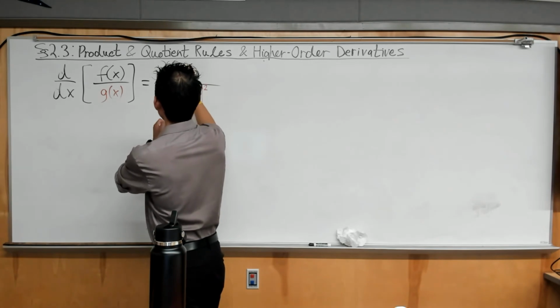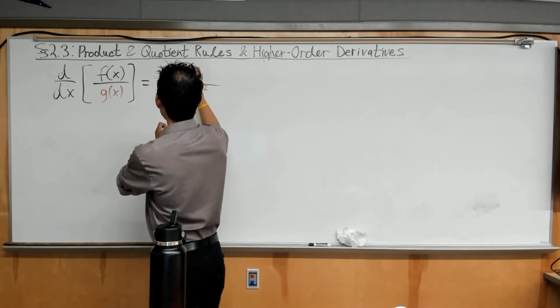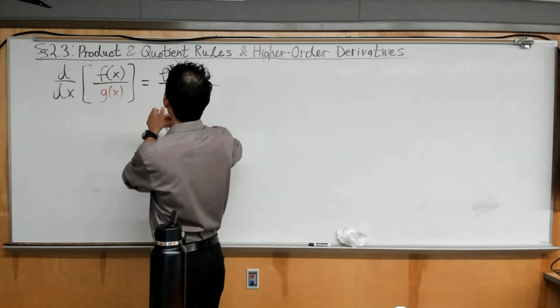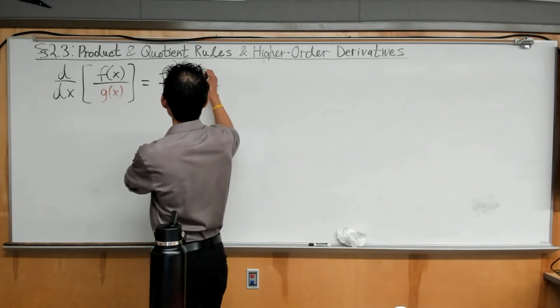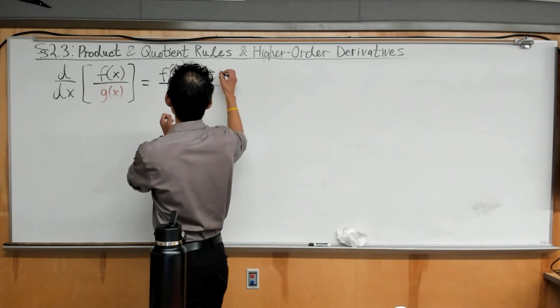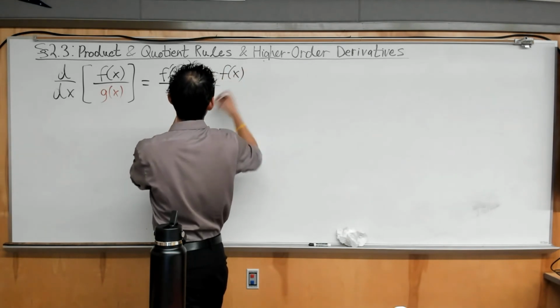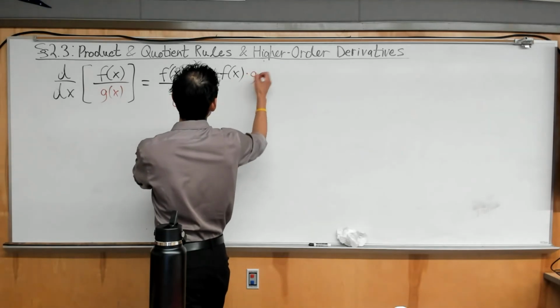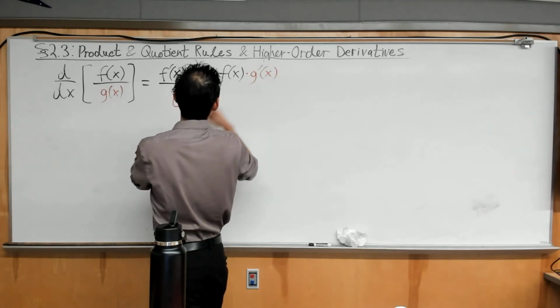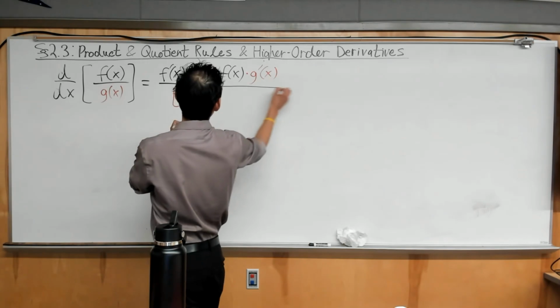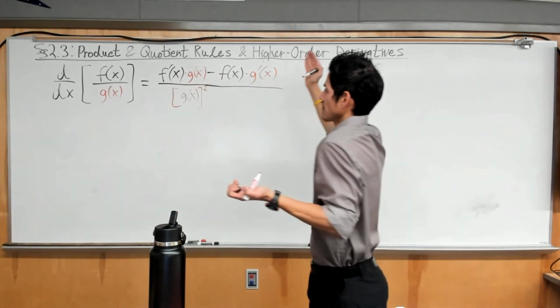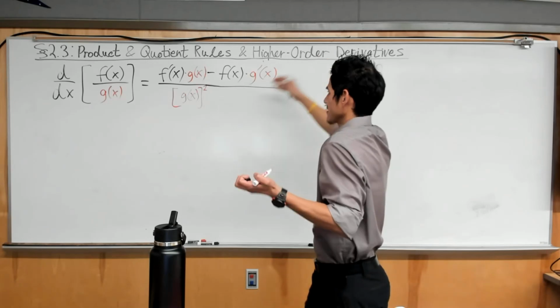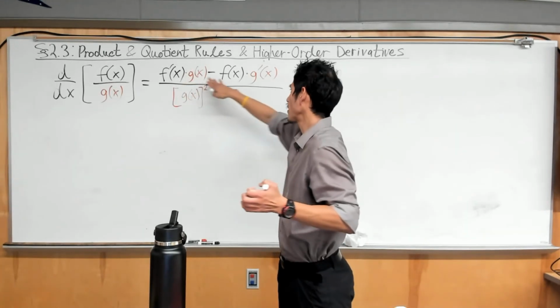I'll go f prime of x times g of x minus f of x times g prime of x. For some reason, it's just easier for me to remember that, because everything kind of stays in place.